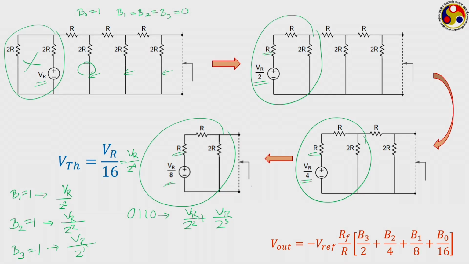This is the expression: B3 contributes B3 by 2, B2 contributes B2 by 4, B1 by 8, and the least significant B0 by 16, and now multiplying with RF, we get the final output voltage.